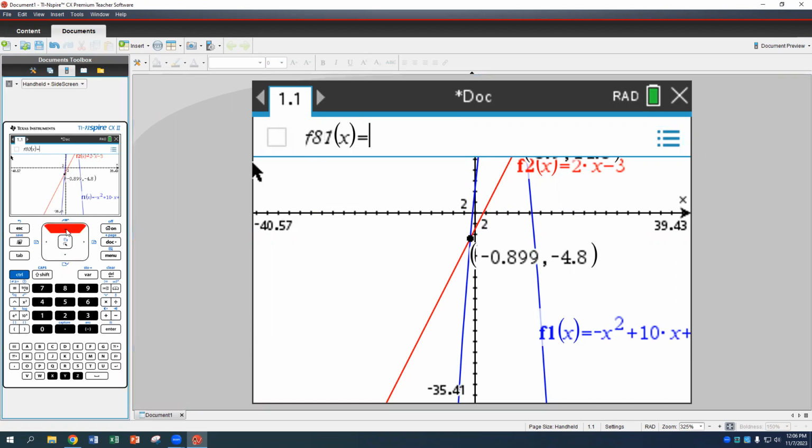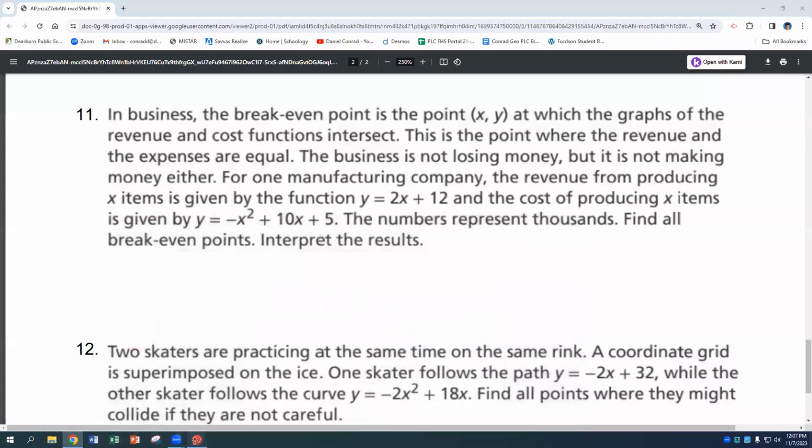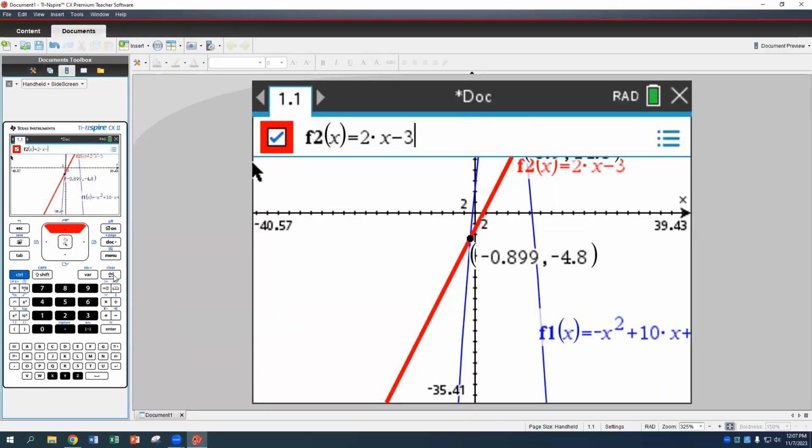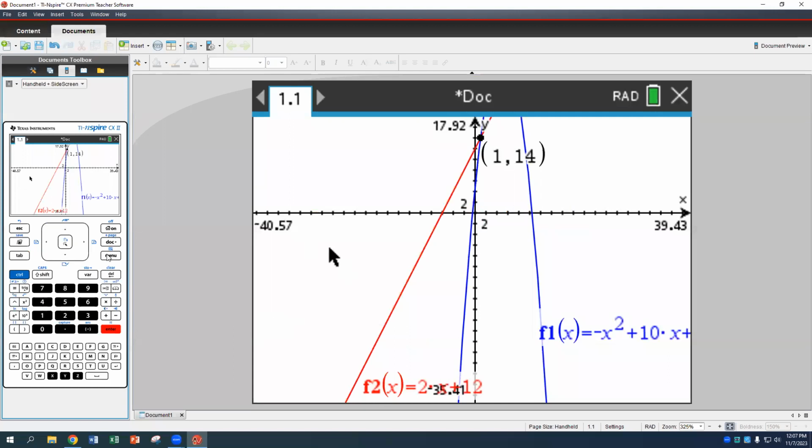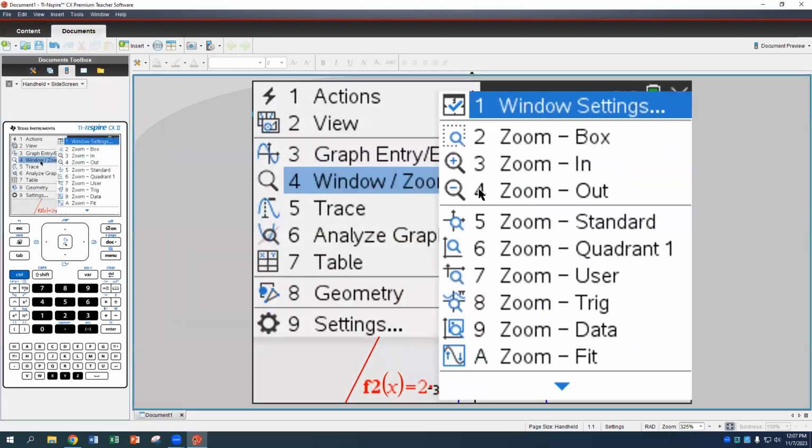Okay, I don't know a better way than this. Sorry, that's frustrating. I'm sure there's an easier way, but I don't have time to figure it out right now. Okay, second equation. 2x plus 12, so we're going to change this to 2x plus 12. Okay, and I need to change my window, so I'm going to zoom out.